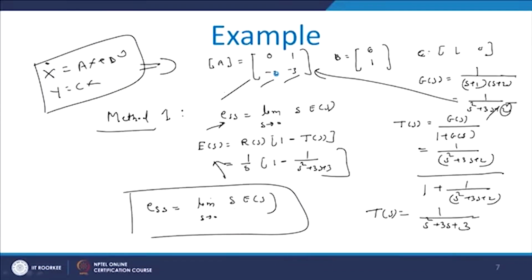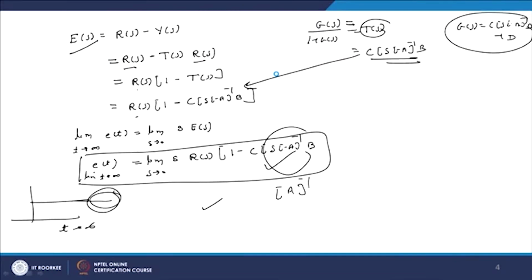As we have seen in the various formulas earlier, to get the steady state error, 1 minus C SI minus A inverse can be used, or simply we can go for the transfer function model of this plant. Sometimes if you have G of S as a plant, with the numerator and the denominator, then we have to use the concept of Laplace and get this SI minus A inverse.